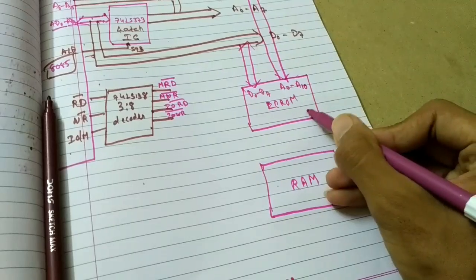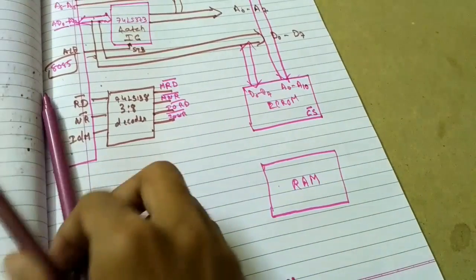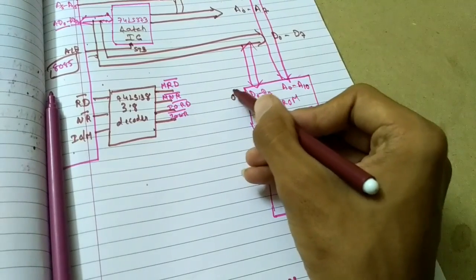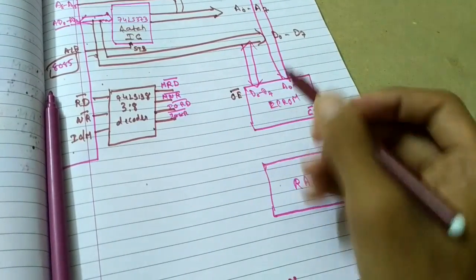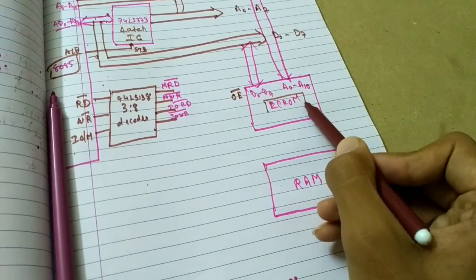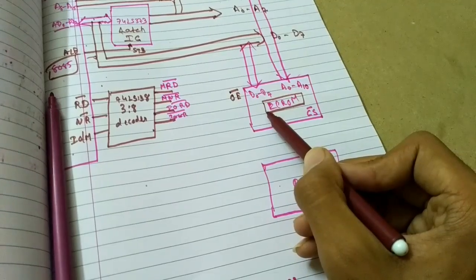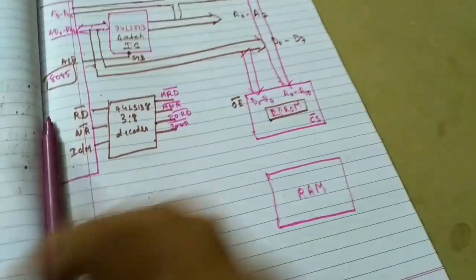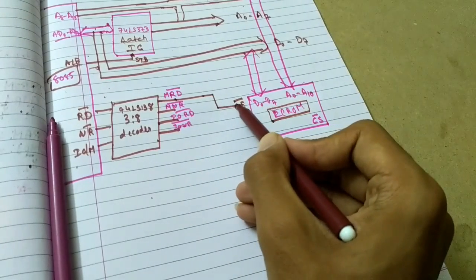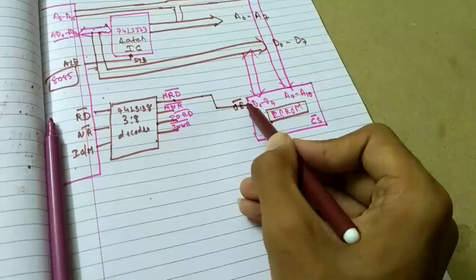This is the chip select pin, and this is the output enable pin. Now we know that ROM is used only for reading data, so memory read will be given to this chip.